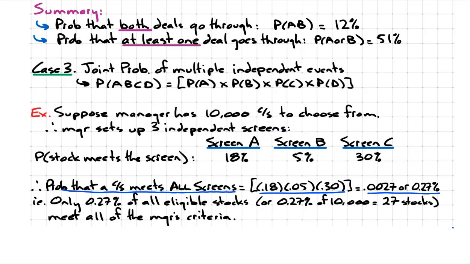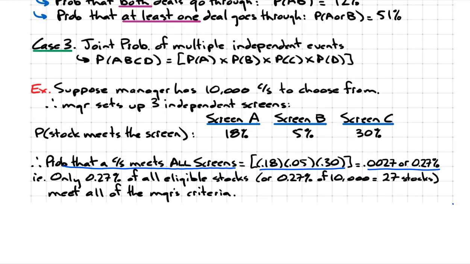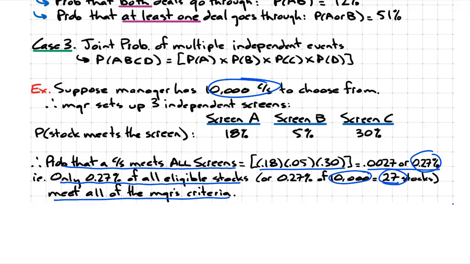And that would be over here, 0.27%. And on the exam, they may ask you to actually translate that to number of stocks. No problem. So only 0.27% of all eligible stocks, which works out to 27 stocks out of the 10,000 that would meet all of the manager's criteria.